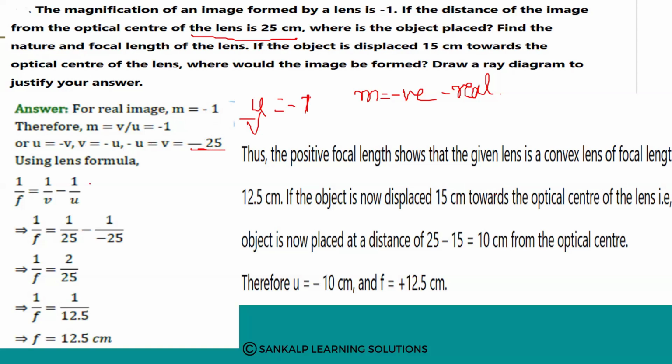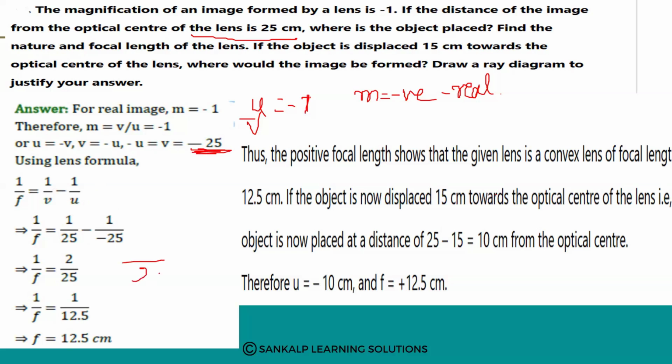Now by using the lens formula, 1 upon f is equal to 1 upon v minus 1 upon u. 1 upon f is equal to 1 upon v, that is 25, minus 1 divided by minus 25. u is minus 25, right?